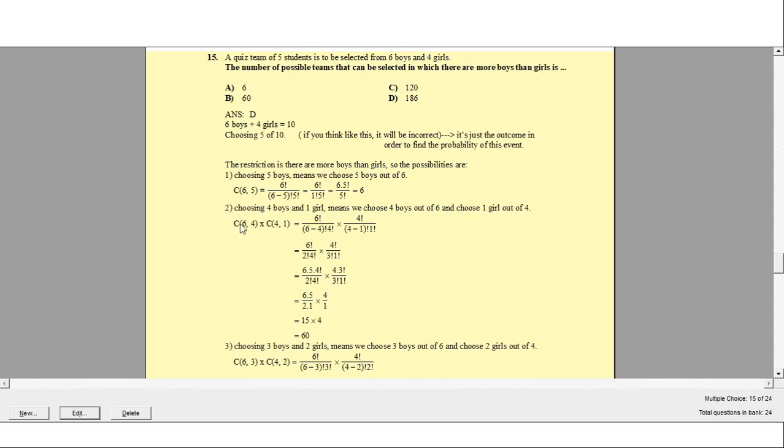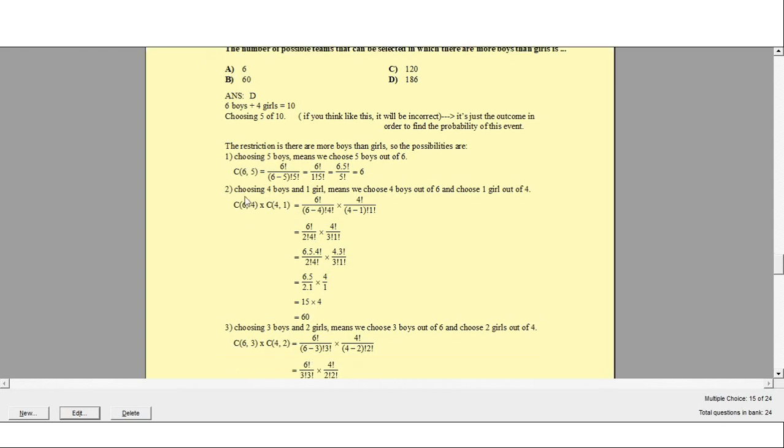So using combinations, this is choosing 4 out of 6 times choosing 1 out of 4. Because the number of girls is 4, and then you choose only 1, and then you multiply using the formula of combination that we learned previously. You get 15 times 4 equals 60 when choosing 4 boys and 1 girl.